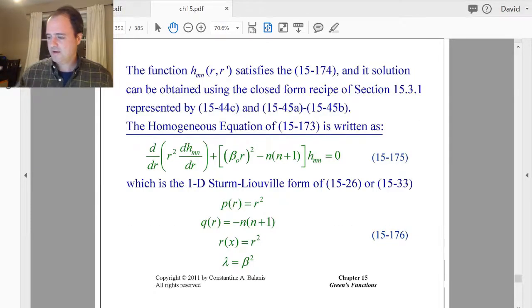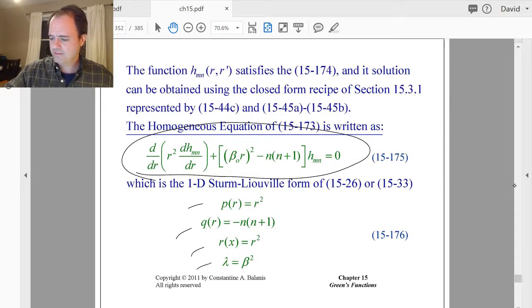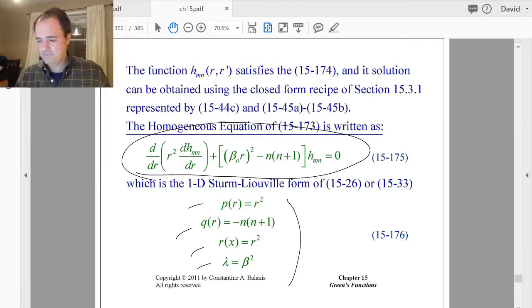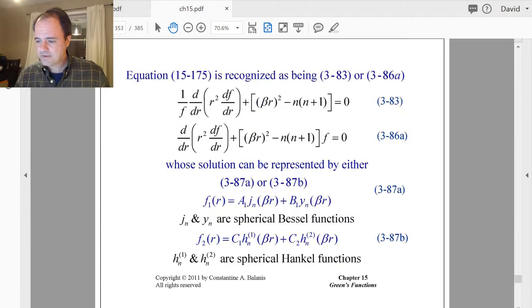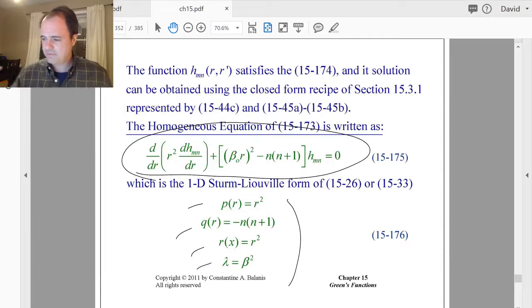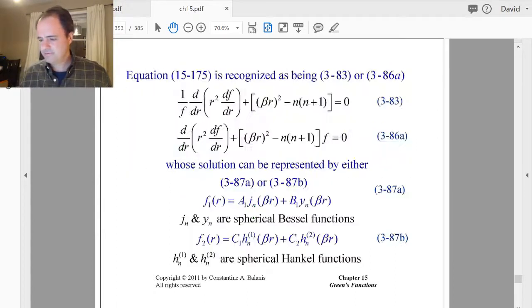So for that, we have the homogeneous solution, and we have to find what P, Q, R, and lambda are, so that we can fit that equation into the Sturm-Liouville form. And so that's fine. We can do that. And we use that method that we outlined in the last lecture to find these correspondences. It's perfectly fine. And then so now we have to deal with this equation here and find the solutions.